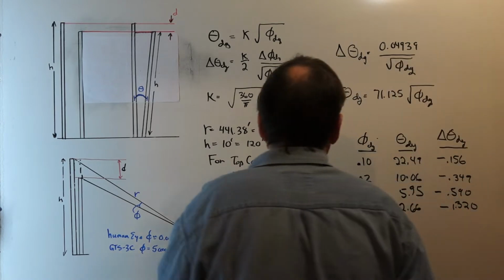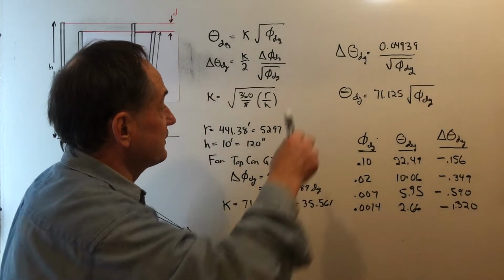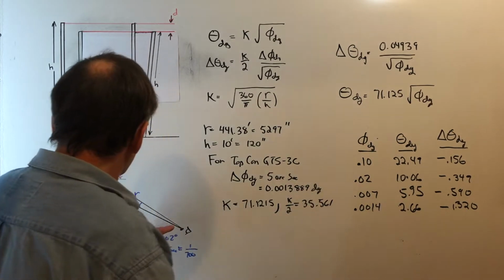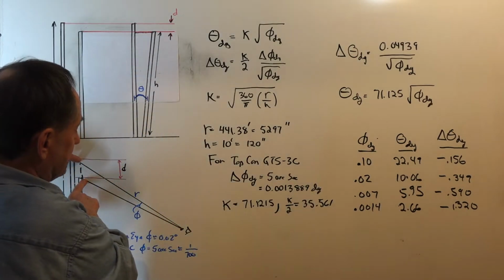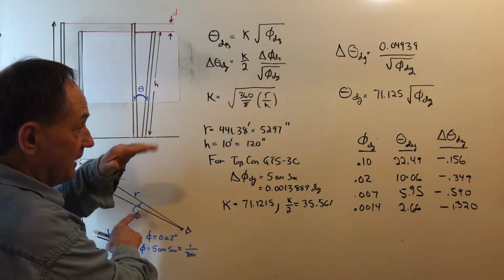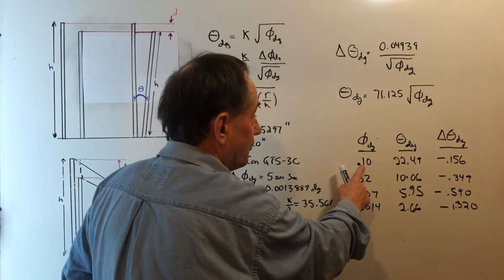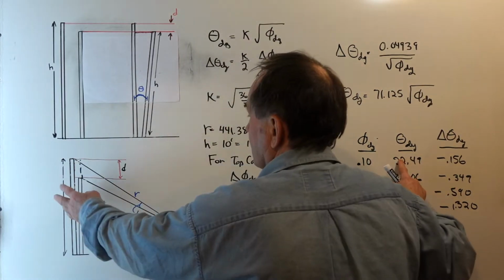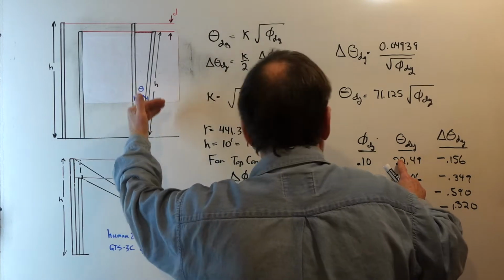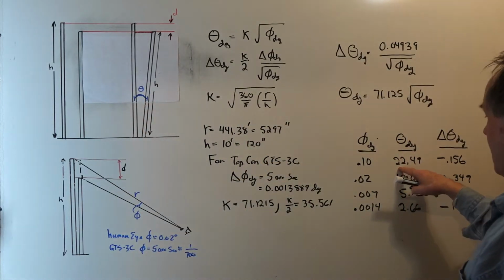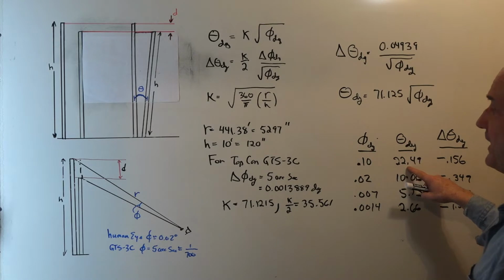Now, a representative number for this: if we measure the perceived height difference in angular measure phi of 1/10 of a degree, then the poles have to be tilted by 22.49 degrees.